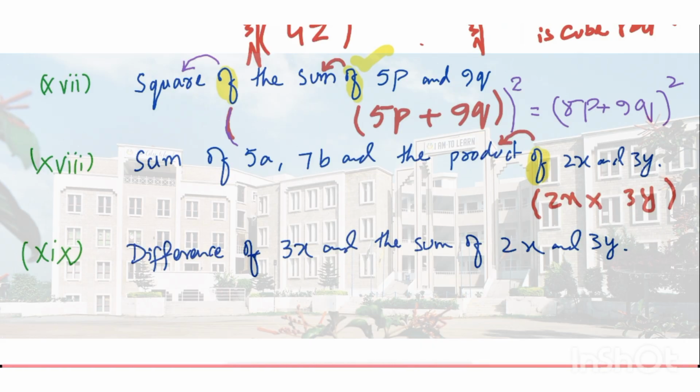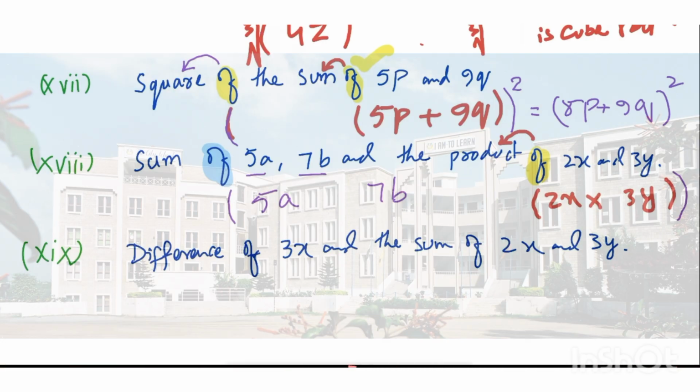Then there is another "of" here which we have to look into. Another "of" means another bracket till the end of the statement, and inside after that "of" there are two variables which are 5a and 7b, so we're writing 5a and then 7b, and then 2x multiplied by 3y is already there, and before "of" there is the word "sum", so we'll be putting a sum sign, meaning a plus sign, between these things.